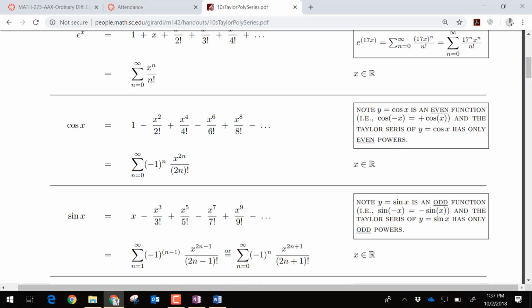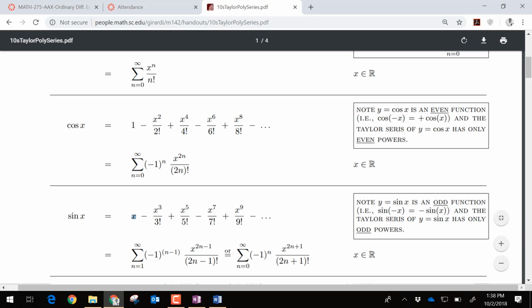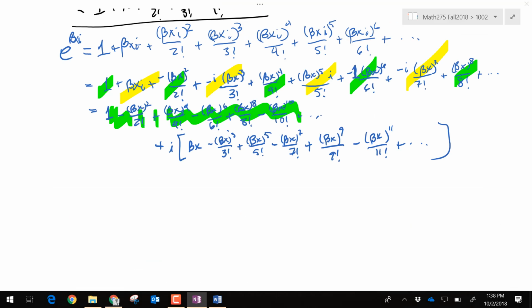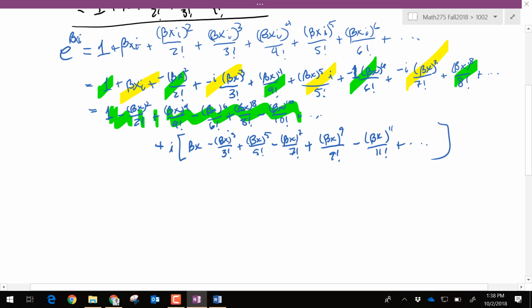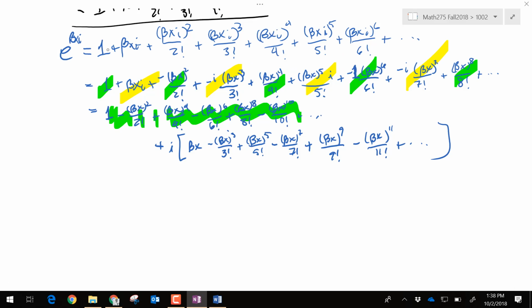In fact, cosine is an even function. Makes sense. Sine starts off with an x minus x cubed over 3 factorial plus x to the 5th over 5 factorial. Alternating series, only odd powers. That's just the sine and the cosine we got here, right? Now that you're convinced. Thanks, Brandon.